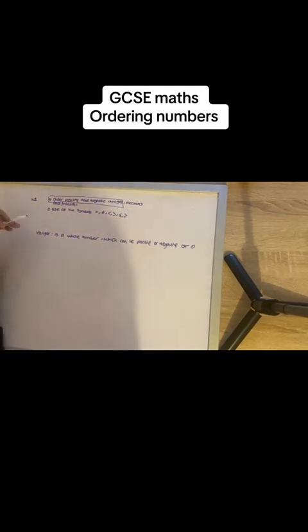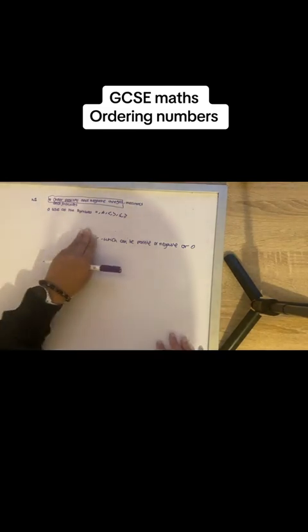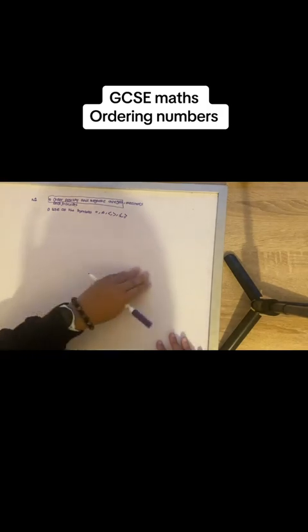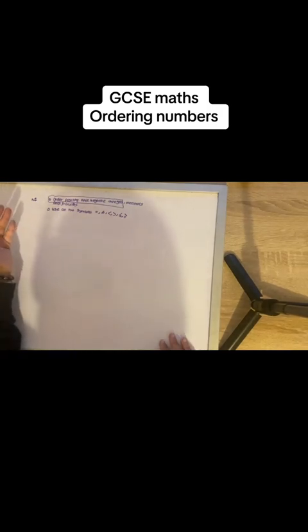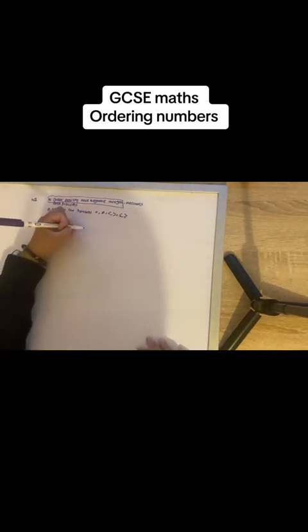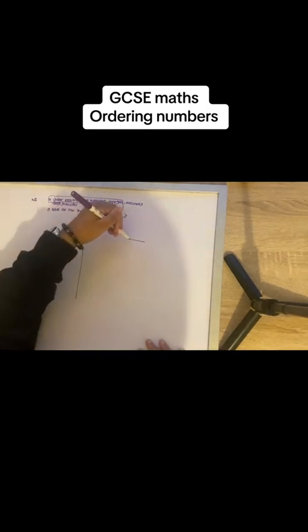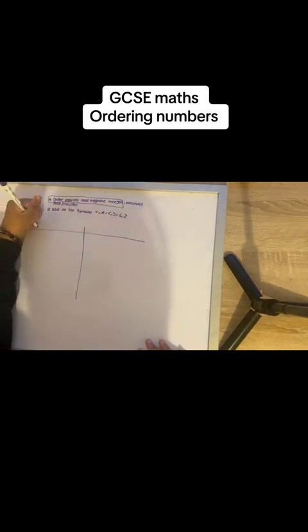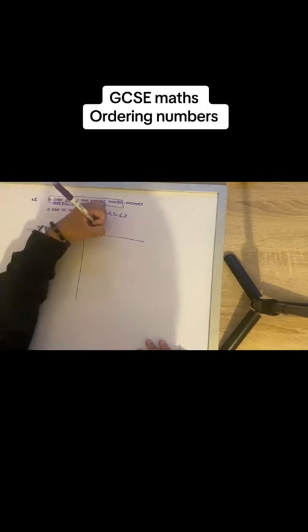Okay, so what the spec is asking is to order positive and negative integers. I'm going to give a few examples of positive and negative integers, and you can think of some on your own. So, integer, not integer.